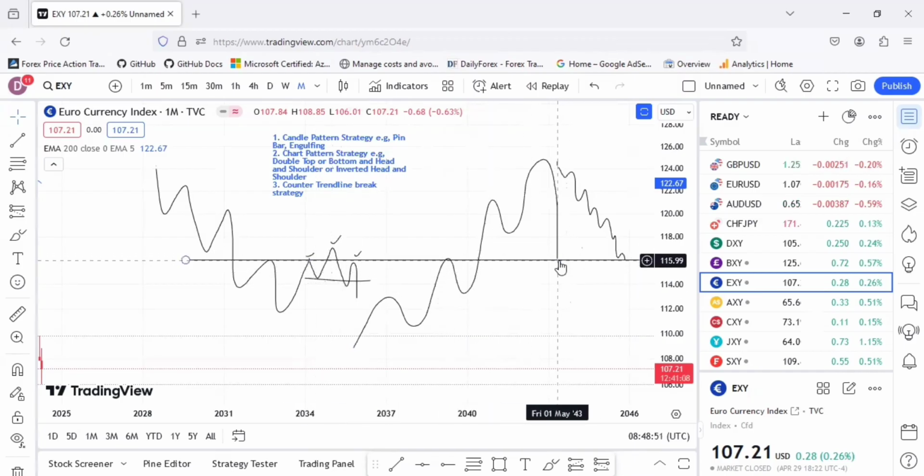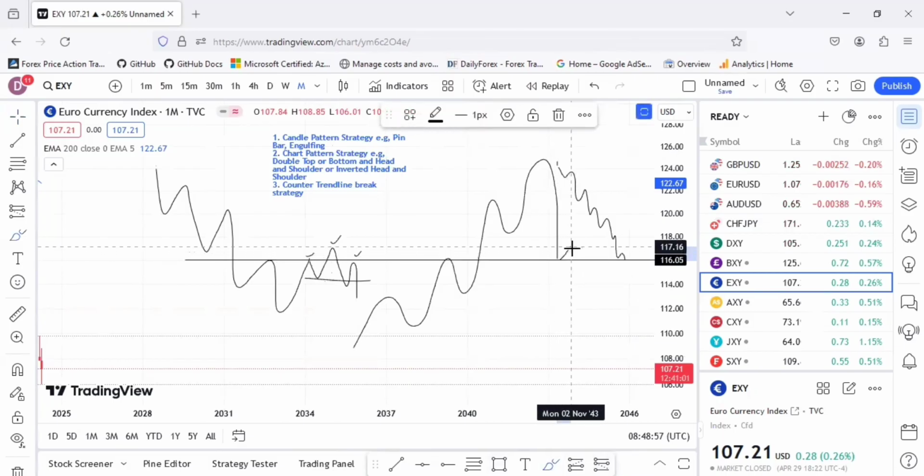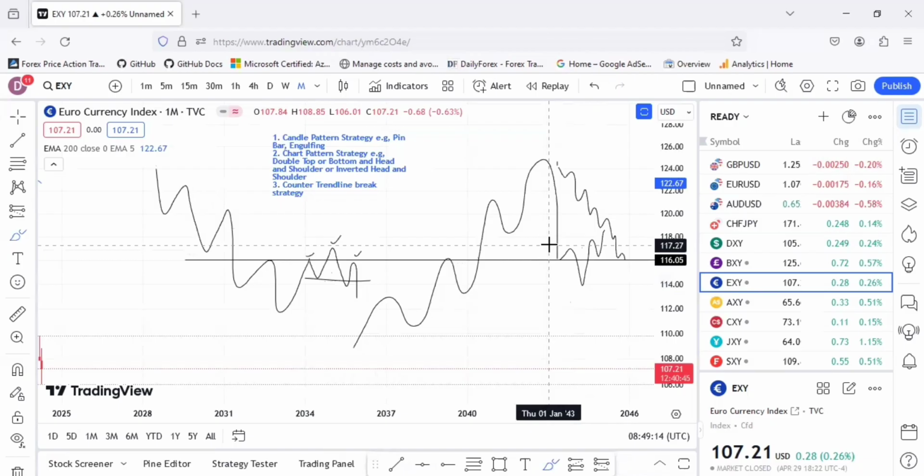So if you see your head and shoulder here, that is something like this, inverse head and shoulder. Maybe the price pulls up here, comes down, pulls up again, comes down, then now breaks. So if you see this one anywhere on the chart at a level, then you should know you have to do what.